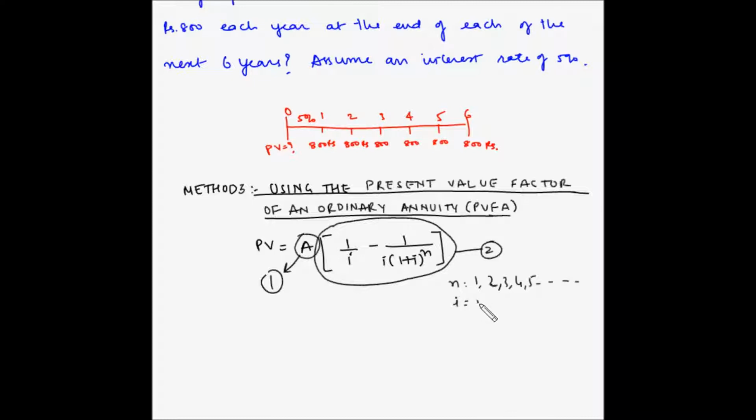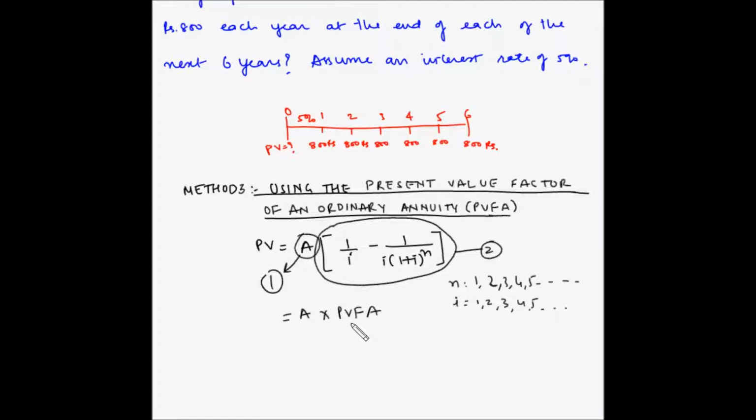Similarly, I can also be 1, 2, 3, 4, 5. Then we simply have to refer to the table to find out the value of this portion for the values of I and N given to us, and then we have to multiply that value with A. So this formula can also be written as A into PVFA.